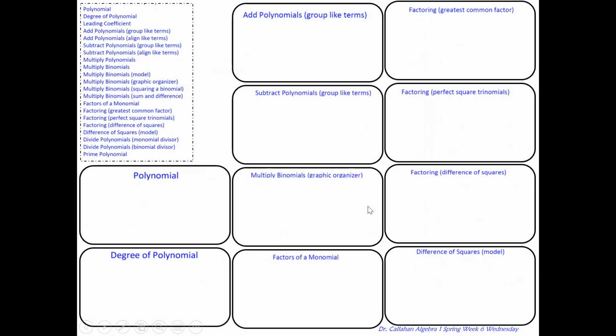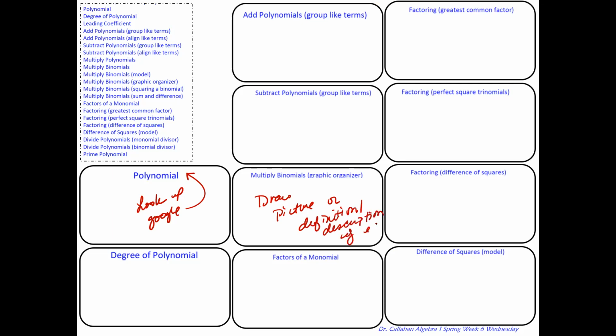Okay, so we're going to go back to this page right here. What I want you to do with this is just go ahead and look up, or you can even Google, each of these vocabulary terms. And then all you have to do for each of them is draw me a picture or provide me with a definition/description of each term.